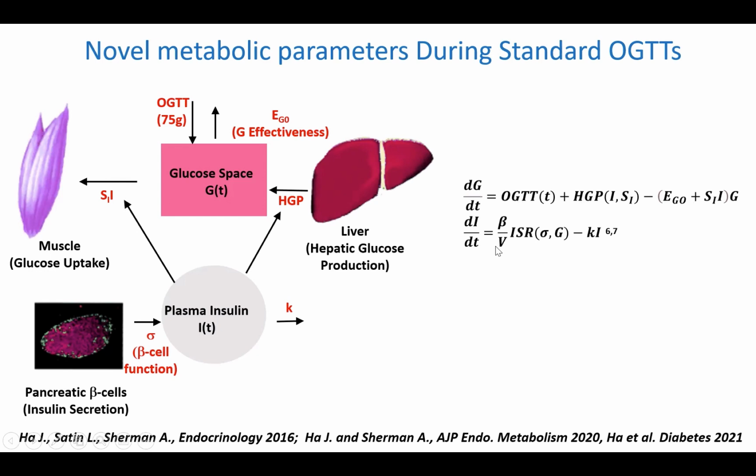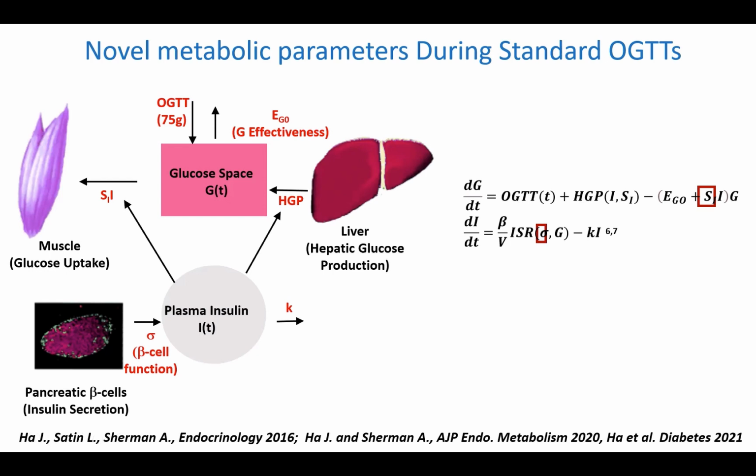Also, insulin concentration is balanced by insulin secretion from the pancreatic beta cells and clearance, typically happening in the liver. Here, sigma stands for beta cell function, the secretory capacity of the beta cells.